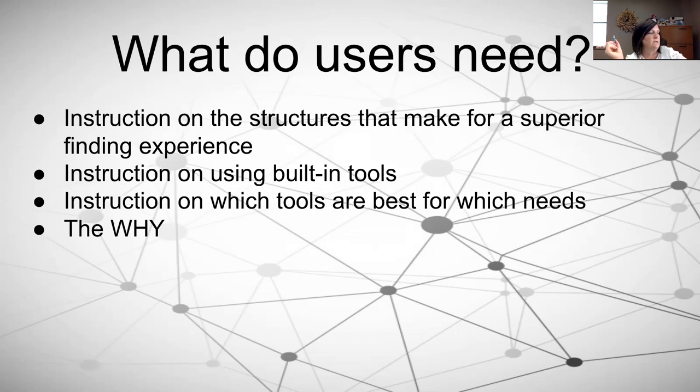Third, you are going to want to instruct them on which tools are best for which needs, especially in secondary schools where you've got a pretty deep menu of databases. You're going to want to explain why they should use, for instance, World History in Context versus Global Issues in Context, depending on their topic.